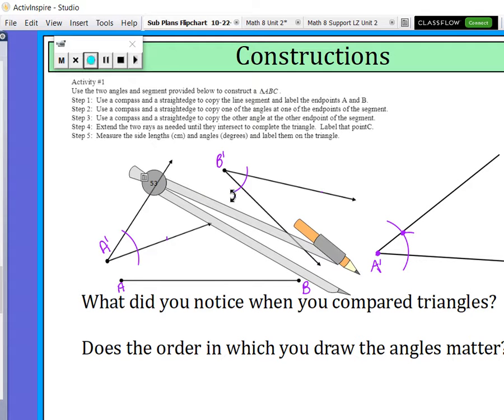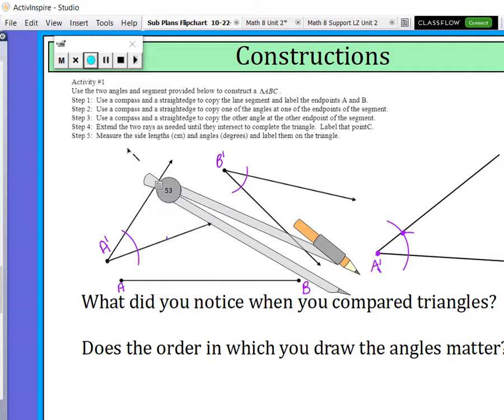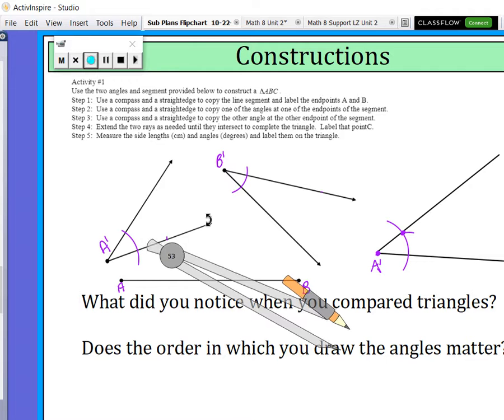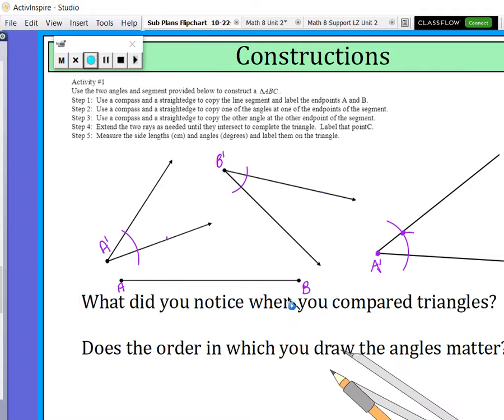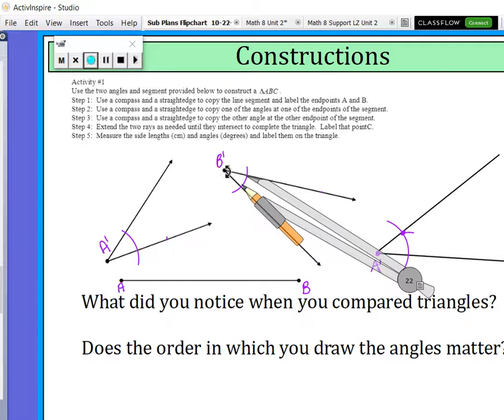Now you're going to come over and measure that arc. Just going to make my compass a little bit shorter here so it makes it easier. And I'm going to measure how wide that arc is for angle B using my compass. Okay, so that's about how long it is.